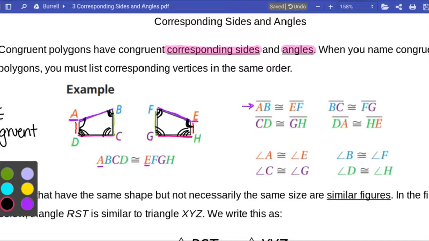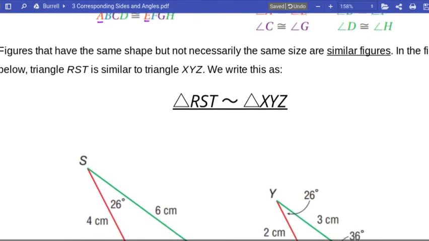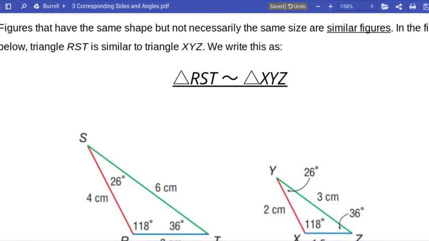Now that we've identified our corresponding sides and our corresponding angles, we can talk about similar figures. Figures that have the same shape but are not necessarily the same size are what we call similar figures. In the figures below, triangle RST is similar to triangle XYZ.